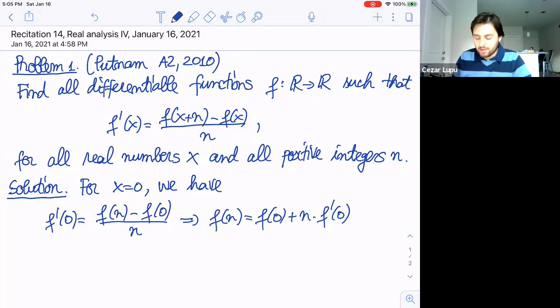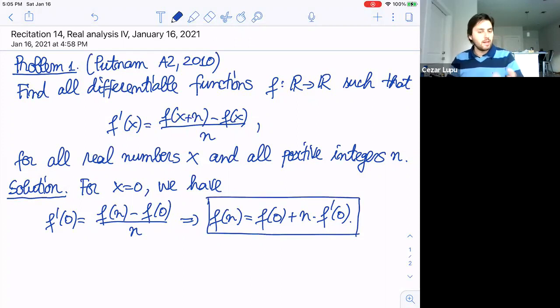If you look at this equality, it kind of looks like the equation of a line in slope intercept form, right?